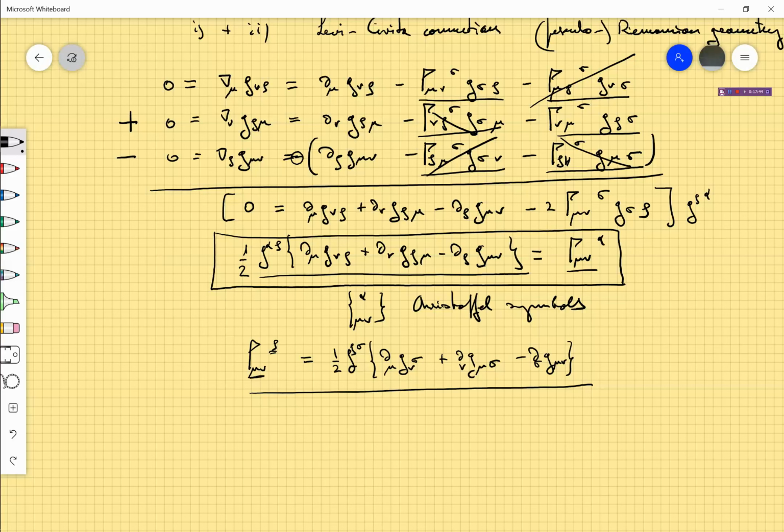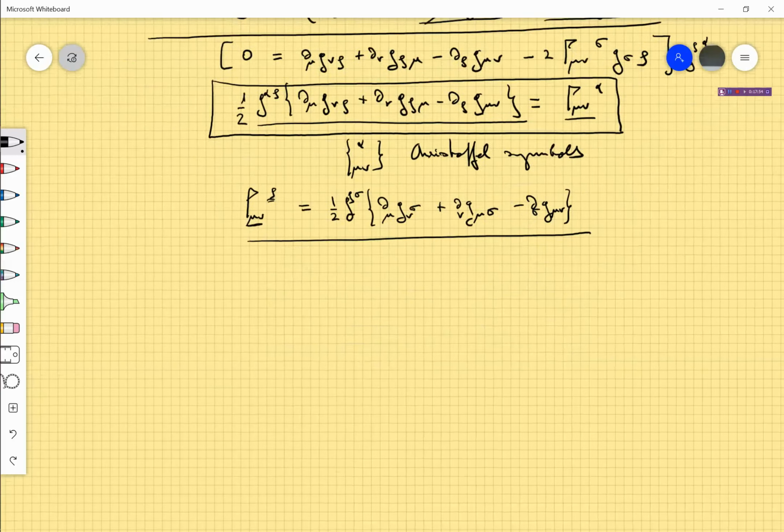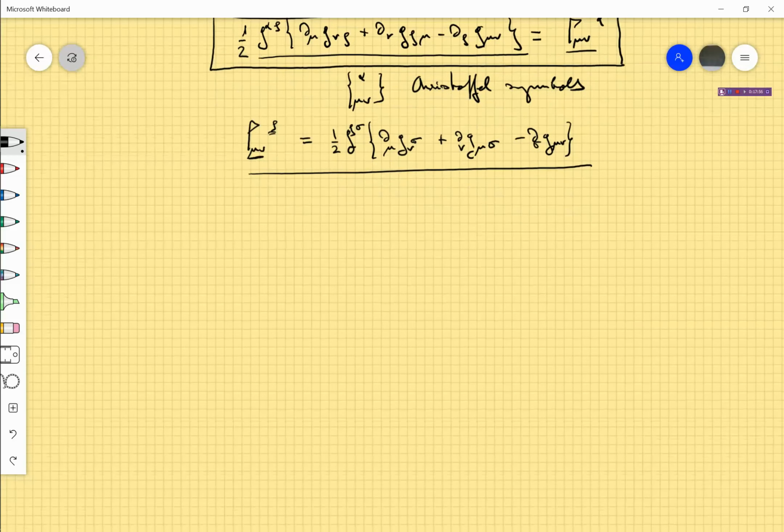The metric field will be the only independent field, and we will be computing Christoffel symbols quite a lot. So in the rest of this video, we want to study the main properties of the Levi-Civita connection and of the curvature which appears when you have this connection.